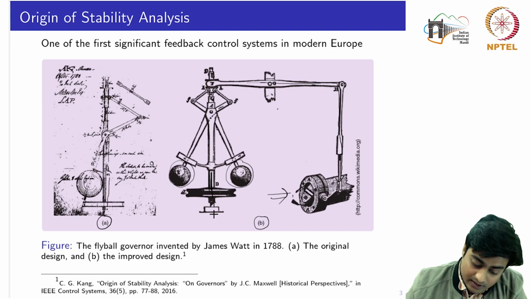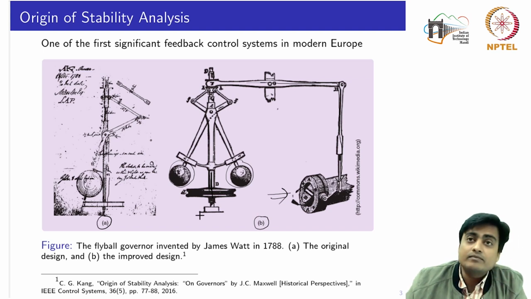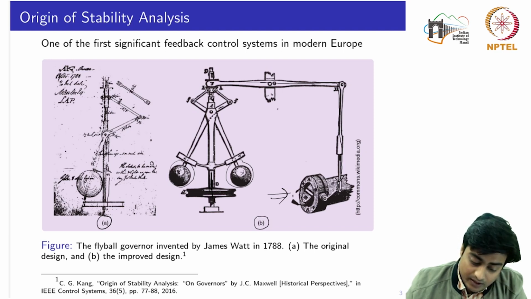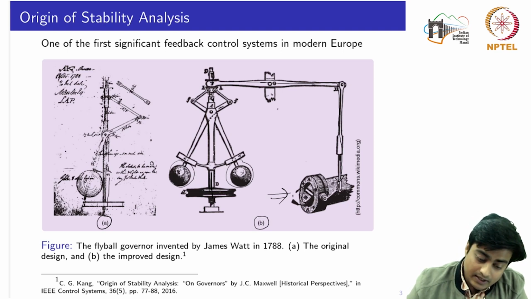So let's see the motion of the governor. Let's say there is some desired speed which we have fixed for the motion of the engine. If the engine is rotating at a higher speed than the desired speed, these two balls will fly apart, and because of the motion of these fly balls, this shaft will be brought down.